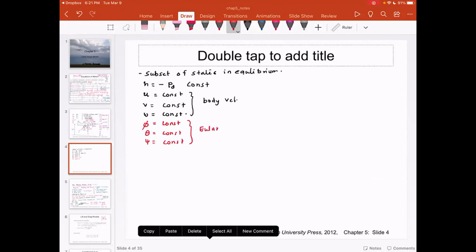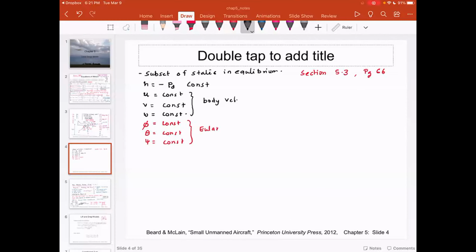And this is coming from section 5.3, page 66. The next part is angular rates. P, Q, and R are constants. So you have constant, constant, and constant.